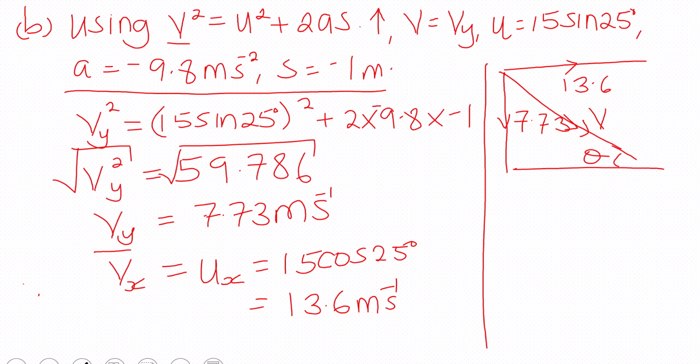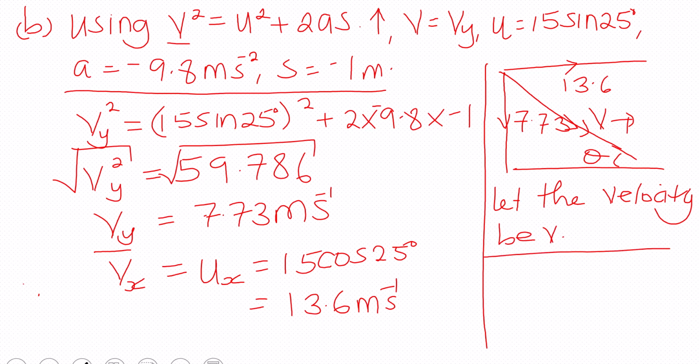Before we use this v, we first let the resultant velocity with which the particle hits the ground be v. I'm going to write velocity as v because I don't have space.